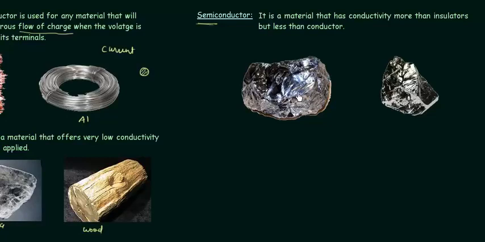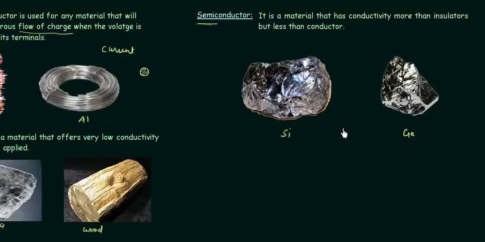It is somewhere between the conductor and insulator, and because of this only we call it semiconductor. The two most important semiconductor materials that you should know are silicon and germanium. Silicon is represented by Si and germanium is represented by Ge.